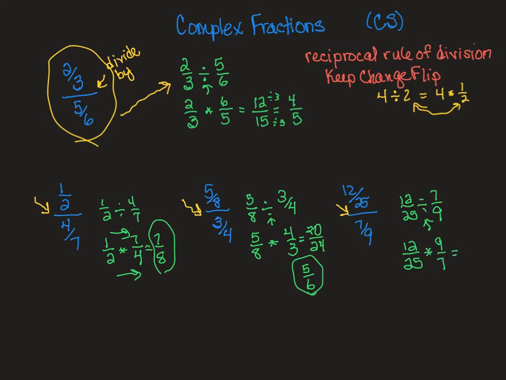And then I would find the answer, and that is, let's see, 108 over 175. Okay, are we good? I think those might be divisible by 3. Let's see, 3 into 108 would be 36, and 3 into this would be, no, I think maybe that is simplified. I'm not sure. Okay, well, that's the deal.